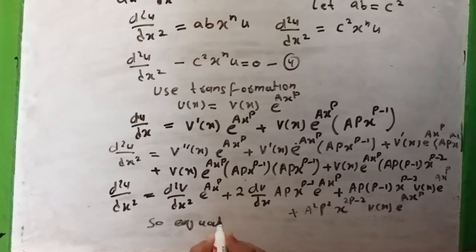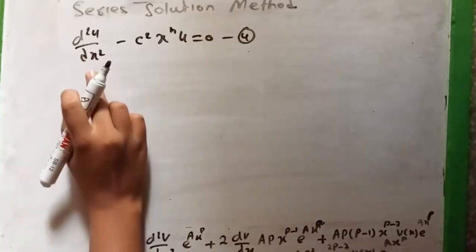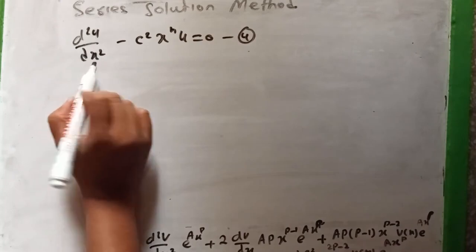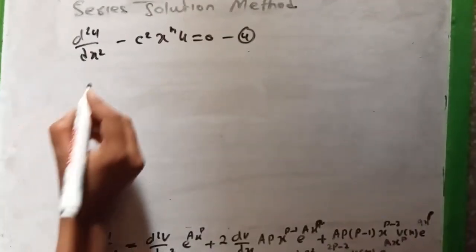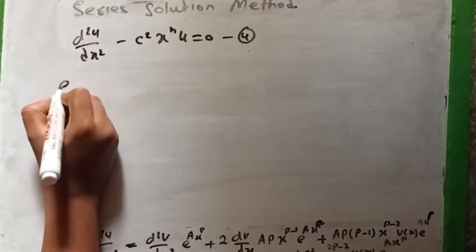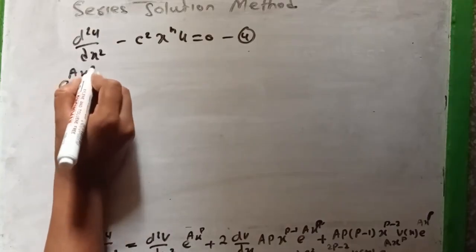So equation 4 becomes, now we will put the value of d square u over dx square and u. At the same time we take common exponent a x raised to power p.